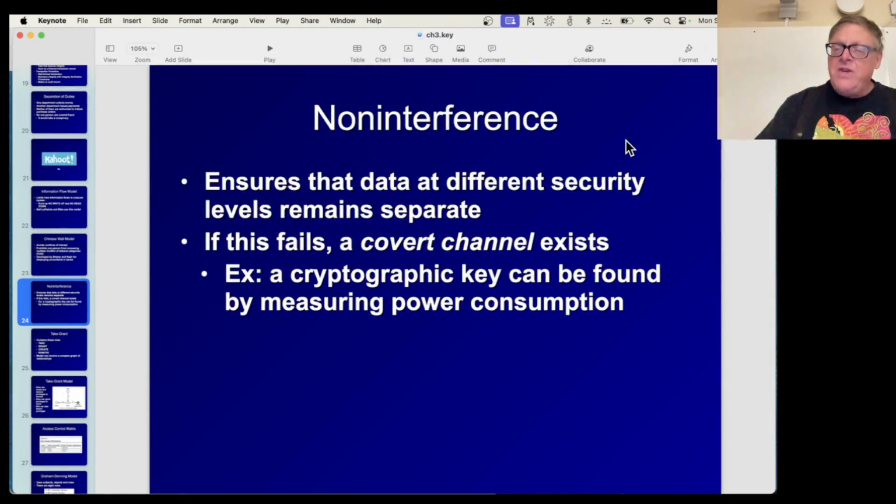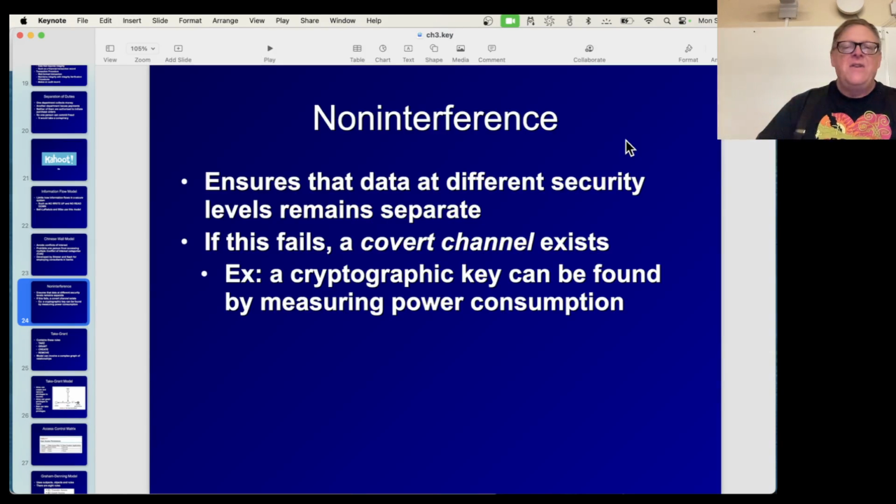And non-interference is a property you would like in any computer system. You would like it to make sure that data at different security levels remain separate. If this fails, then there is a covert channel. For example, the one that just happened to YubiKeys. It turned out that YubiKeys have a side channel. You can measure the time it takes to perform encryption and do something about the secret key. Another thing you can often do is measure the radio waves emitted by the machine doing calculations, or the power consumption, and from those you can deduce a secret key.